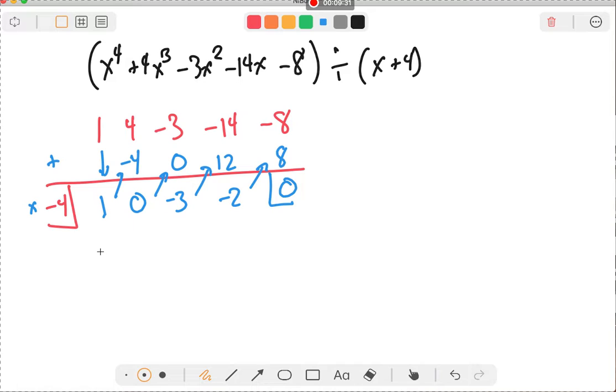So my answer is, this was x to the 4th, so I'm going to say x to the 3rd. I have 0x squared, so I'll go to the minus 3x minus 2, and there's no remainder. So this is indeed a factor.